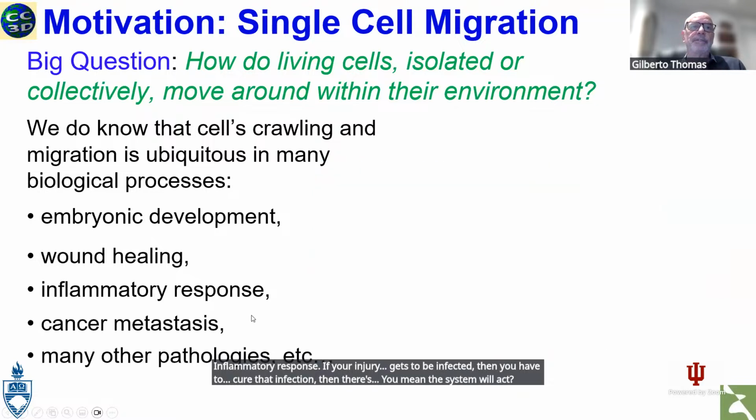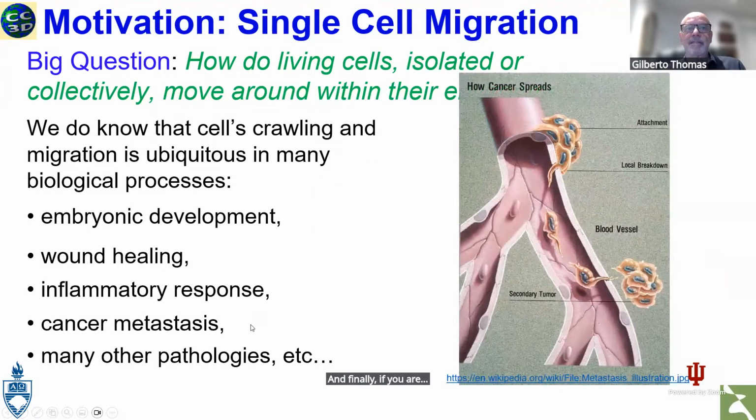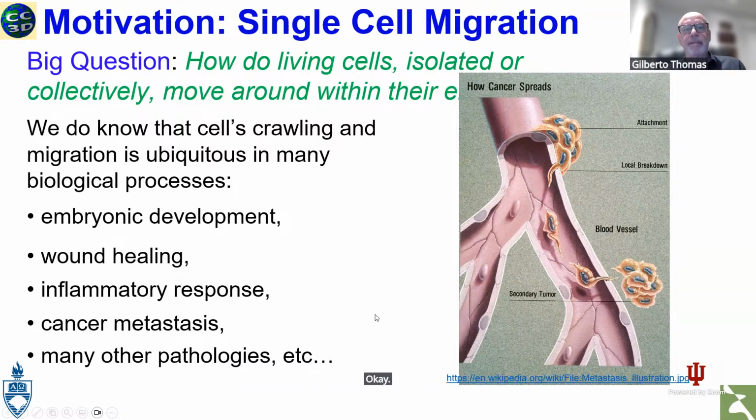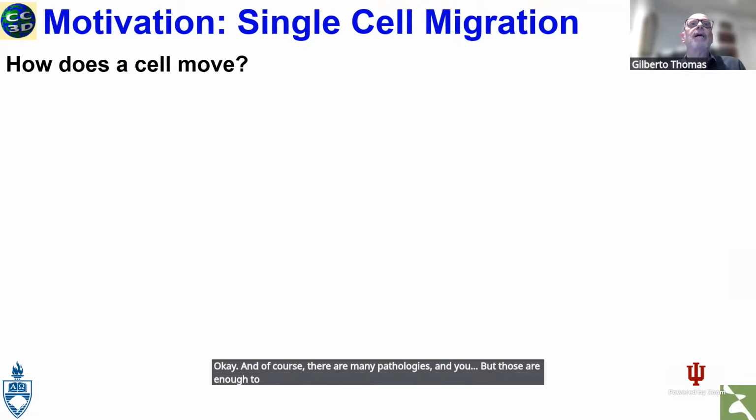And finally, if you are unlucky, you have a cancer metastasis, which is a very important migration movement for the cells when they leave the blood vessels and install in any organ of your body. And of course, there are many pathologies, but those are enough to have an idea.